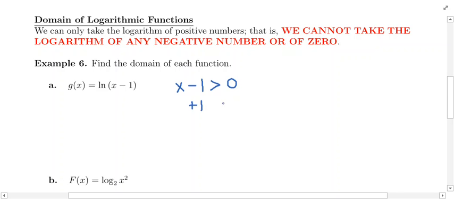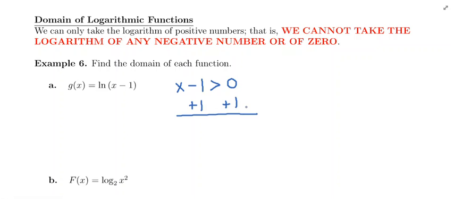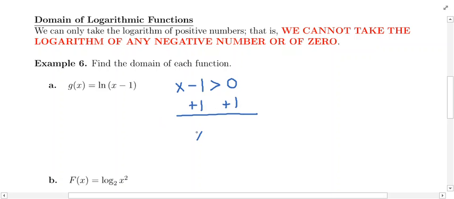We're going to add 1 to both sides. Remember, you flip the direction of an inequality when you multiply or divide by a negative. That's not what we're doing here. We're adding. So this tells us the x values that we plug in have to be bigger than 1. If you actually plugged in 1 itself, you would get the natural log of 0. You can't do that. So the x values have to be strictly bigger than 1.